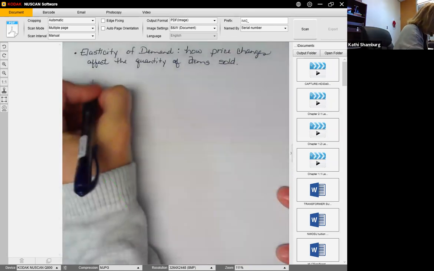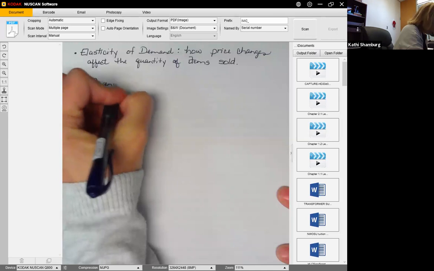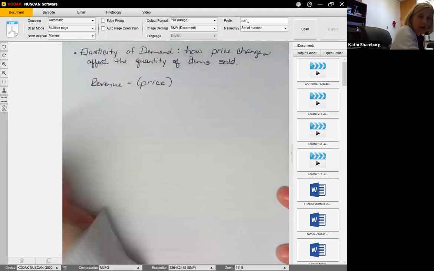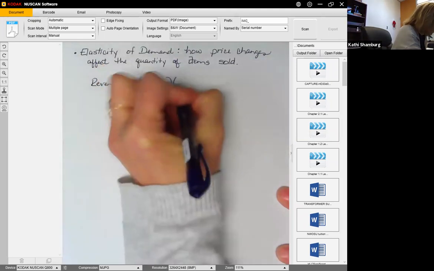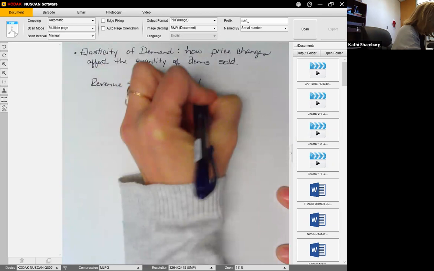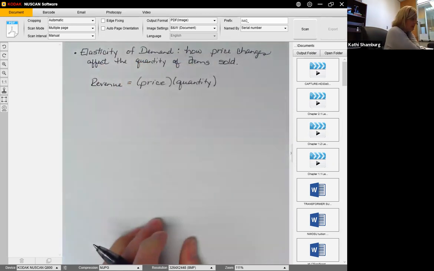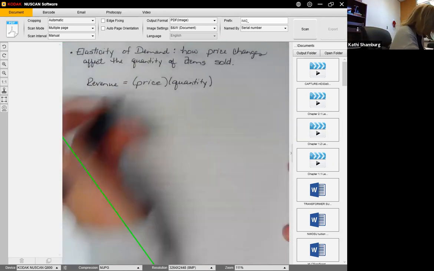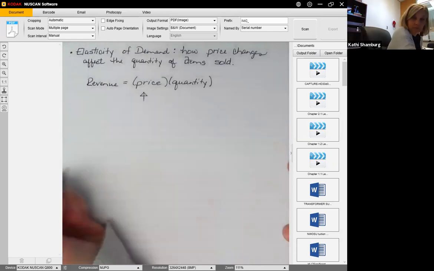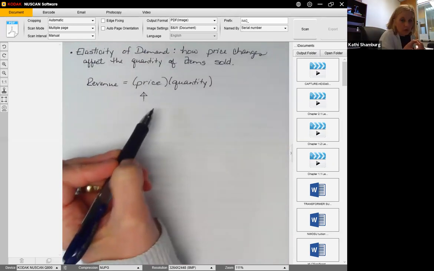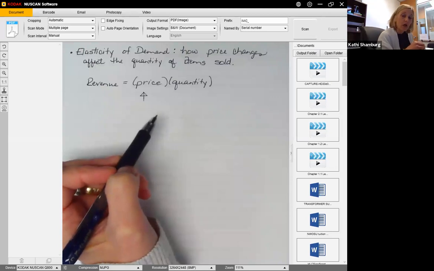So we're looking at revenue, which, if you recall, is the price of the item times the quantity sold. In my Starbucks example, the price went up. What they're considering is, if we raise the prices, will we lose some customers? Maybe.